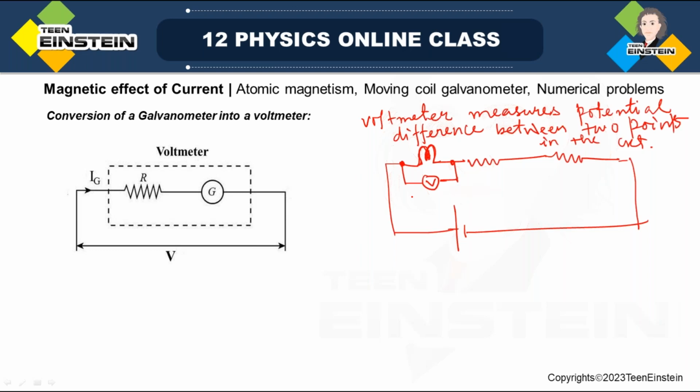So as a result, a small part of the total current passes through the voltmeter. Actually, a very small part of the current should pass through this, such that too much current will not be drawn by the voltmeter. This is the idea, this is the motivation.